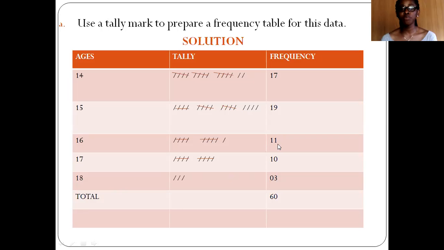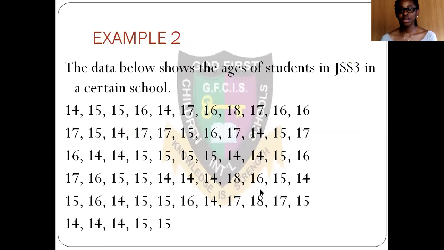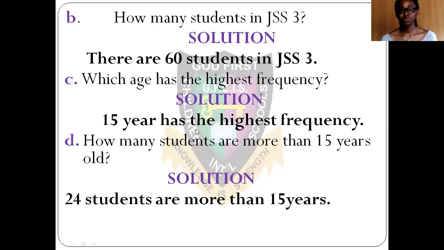When we sum 11 and 10, we have 21. Plus 3, we have 24. So 24 students are more than 15 years old.